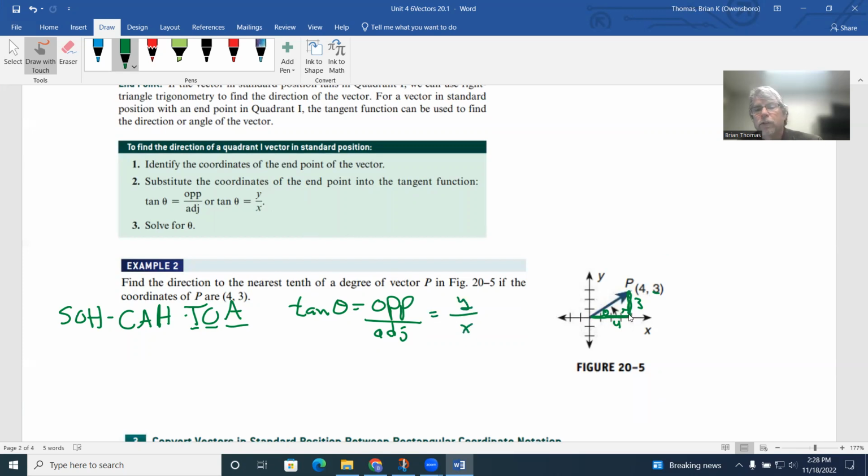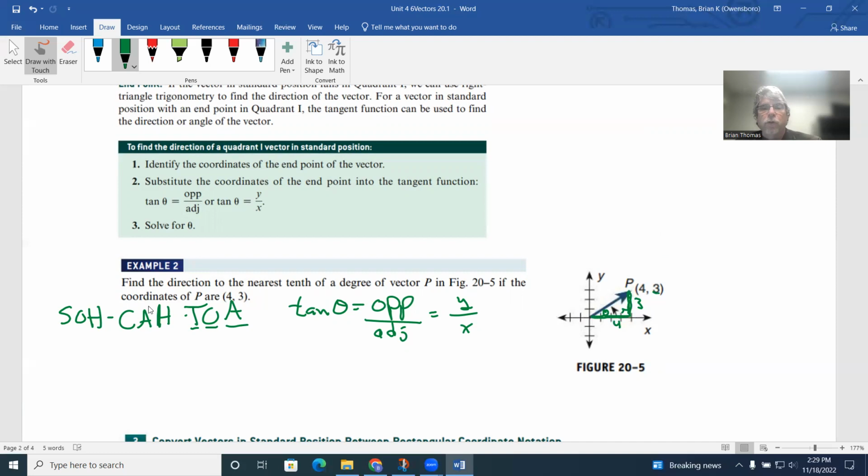So the opposite side is going to be the y value, and the adjacent side is going to be the x value. The 3 is the y value, and the 4 is the x value. Notice how the 4 is moving left to right, and the 3 is moving up and down. Remember, y is a vertical direction and x is a horizontal direction.